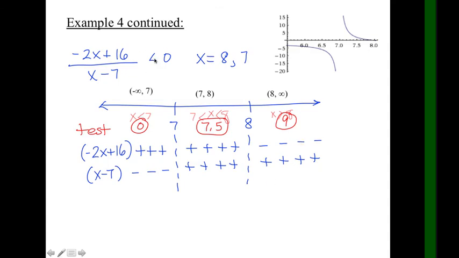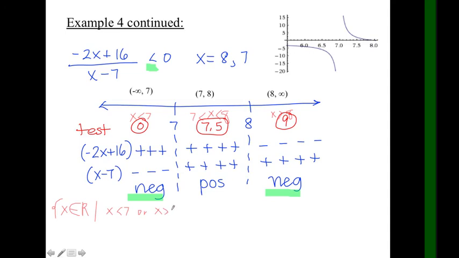Ang answer natin is less than 0, so those are negative. So, kukunin natin yung dalawang negative. Therefore, that is our solution. So, the solution set for this one is x is an element of R such that for all values of x, we have x is less than 7 or x is greater than 8.